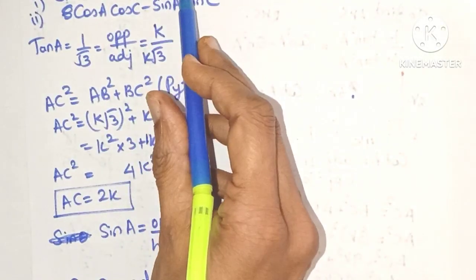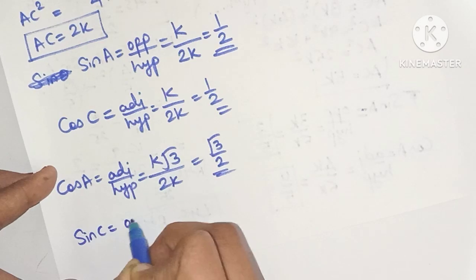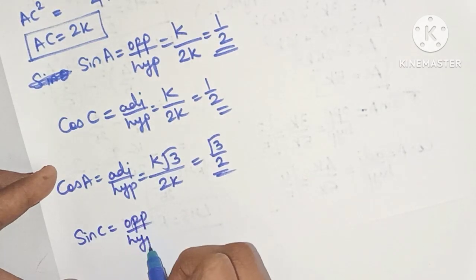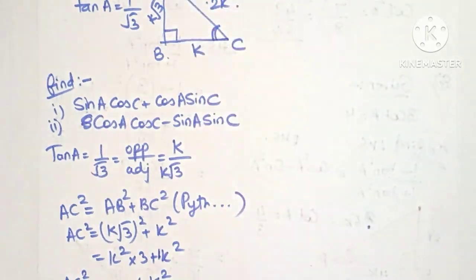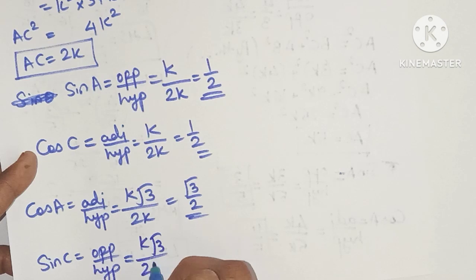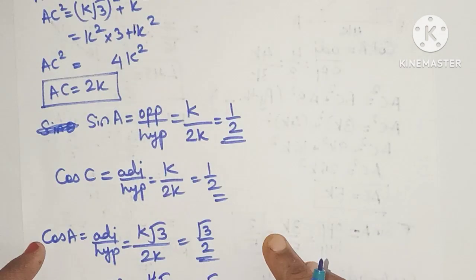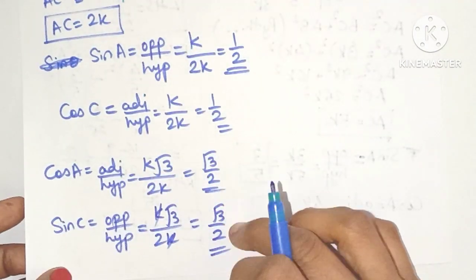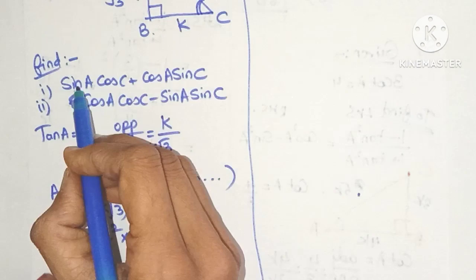Then I need to find sine C. So sine C, let me write the definition. Now for C, friends, the opposite side is K root 3. Did you see? So I'll write here. The hypotenuse is 2K. So K and K get cancelled. So see cos A and sine C, did you observe? They are the same.